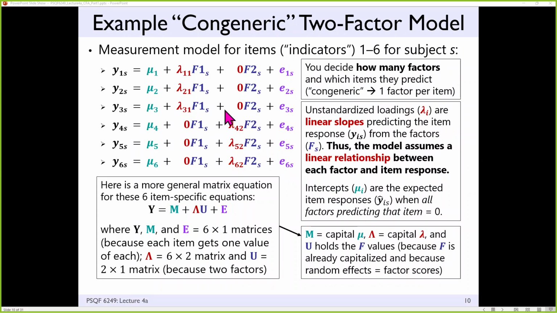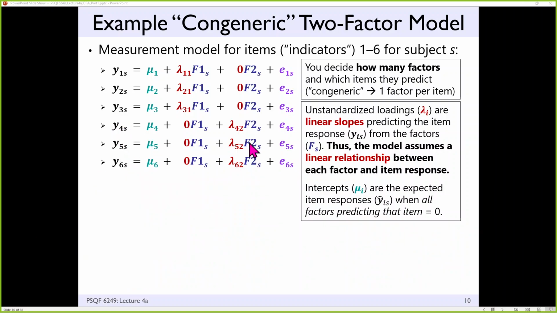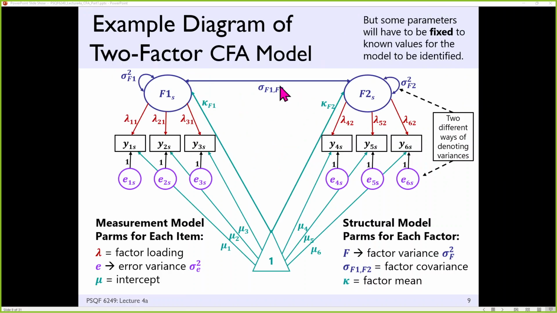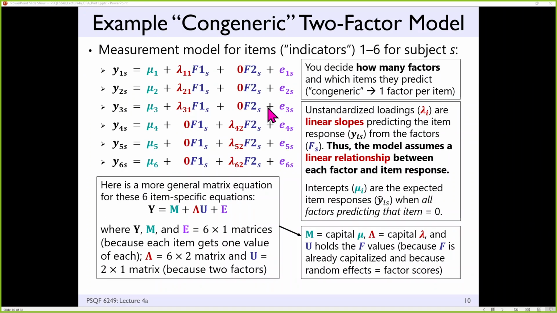We would expect, based on this, that Y1, 2, and 3 are going to have more of a relationship than Y1 would with Y4, 5, or 6. Like, we would expect pockets of correlation. We would still expect correlations across the pockets, though, because we have the covariance. So this is making a very specific set of predictions about how these items relate to each other.